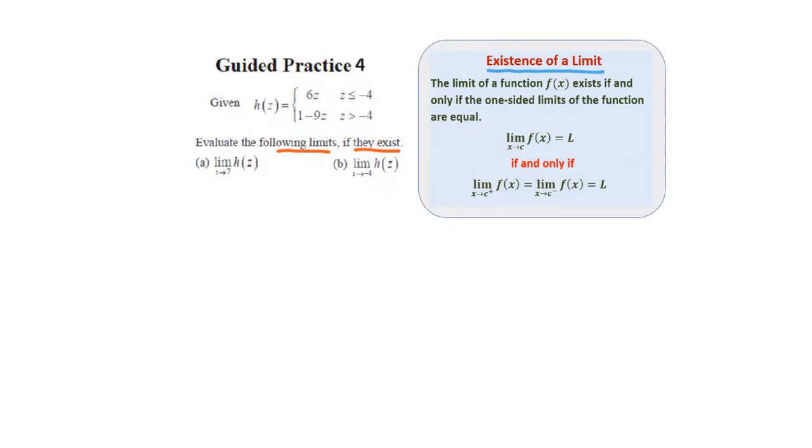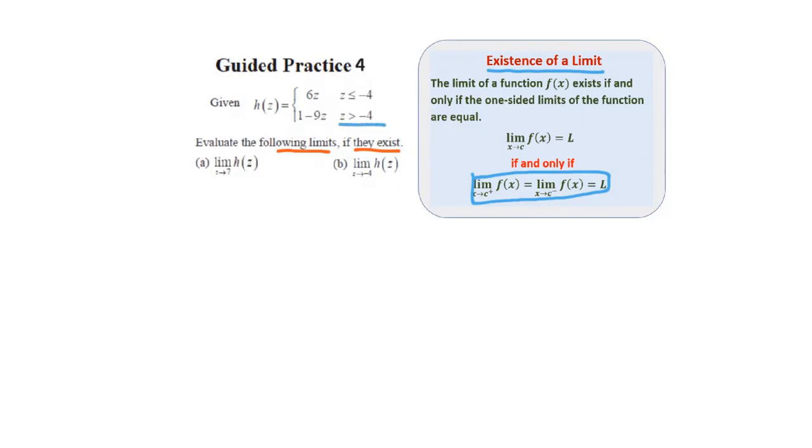You have to make sure the limits from the left side and also from the right side equal each other. Then the limit exists. Therefore, for A, we want to figure out the limit as z approaches 7 of h of z.